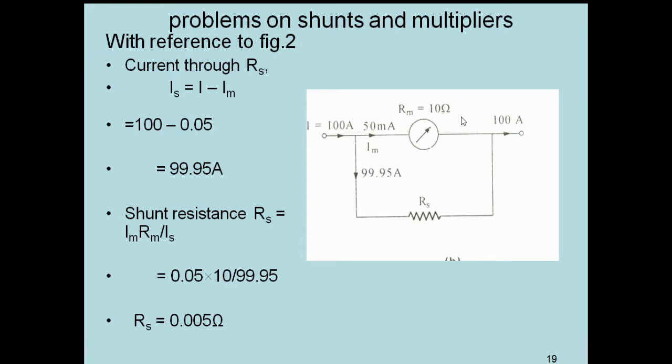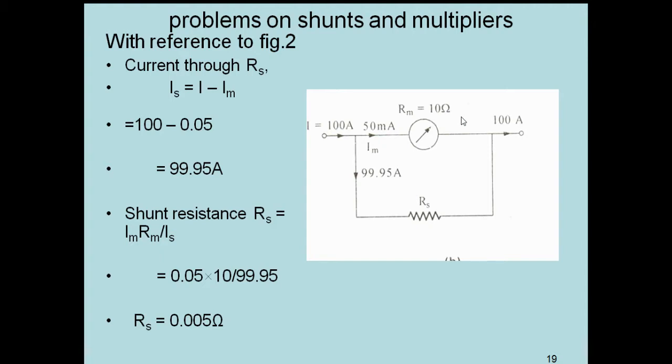We can observe that the RSH value will always be less than the meter resistance. Simply, you can calculate RSH equal to Rm by M minus 1, where M is equal to 100 amperes by 50 milliamperes, and Rm is equal to 10 ohms.